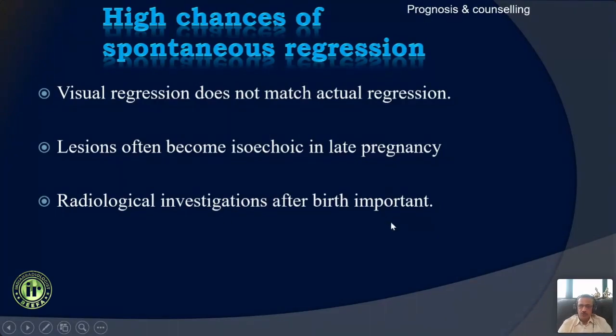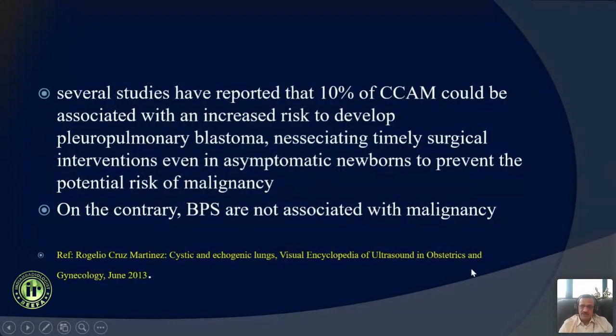So there are two schools of thought. Some people like to do a CT scan in almost all patients, and some pediatric surgeons would like to do it only if the fetus or the newborn is symptomatic. So I would say if the newborn is symptomatic, then definitely one should do a CT scan, because you are not going to see it easily on X-ray, or you are not going to see it on ultrasound either after the baby is born.